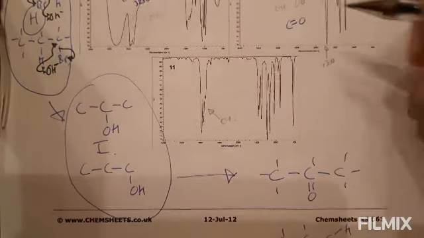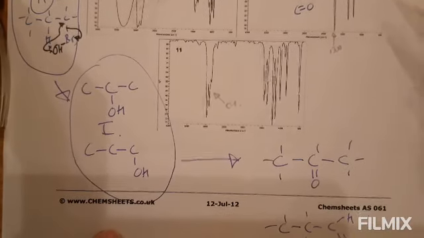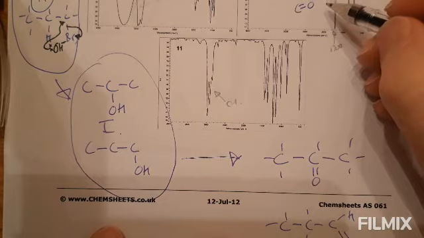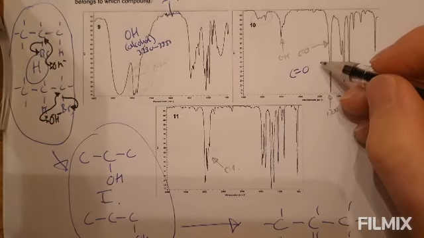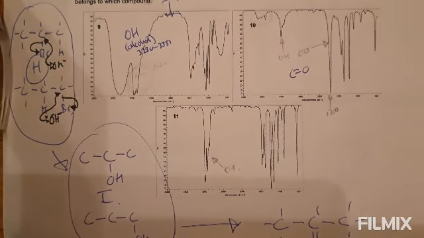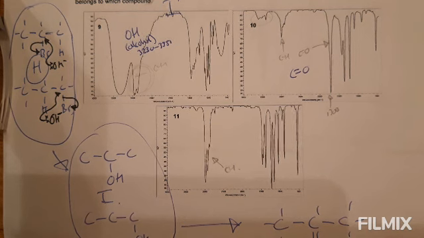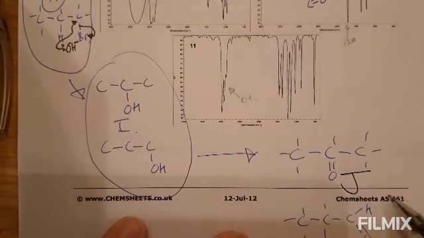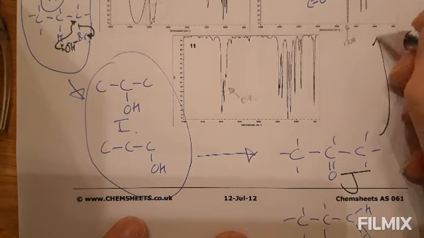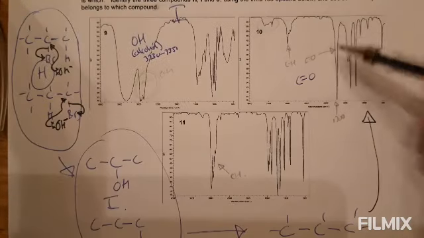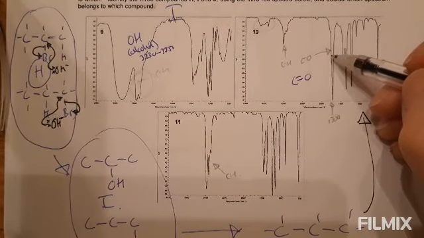Okay. So let's have a little look at what we've got then. This has got a carbonyl peak, so this must be J. J carbonyls are there. I'm interested by this because this is clearly not a carboxylic acid.